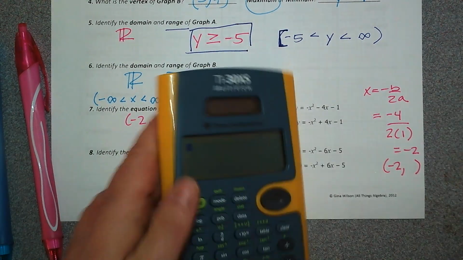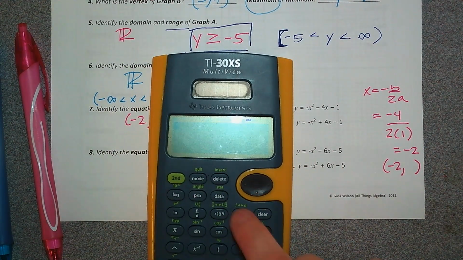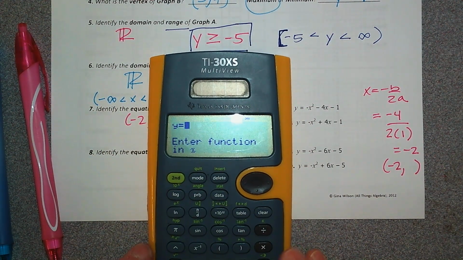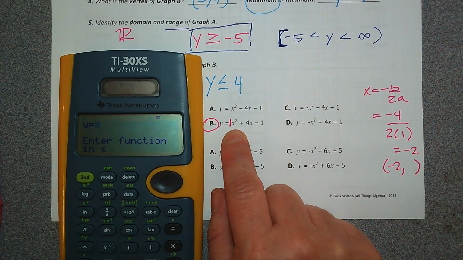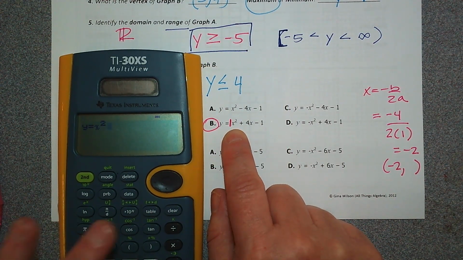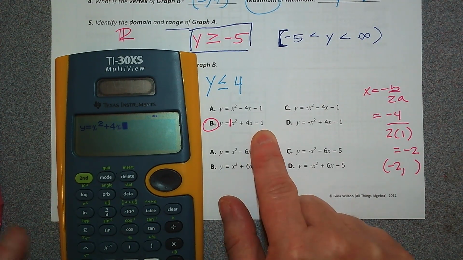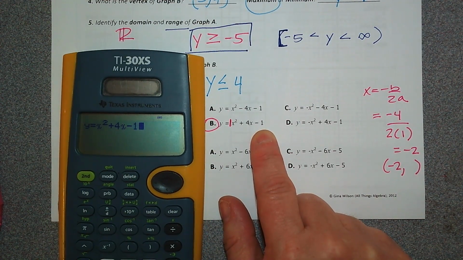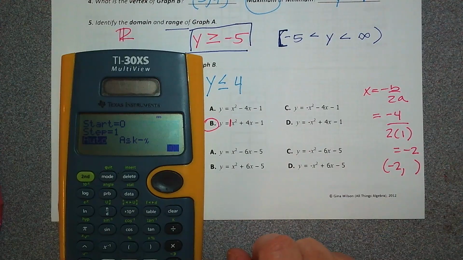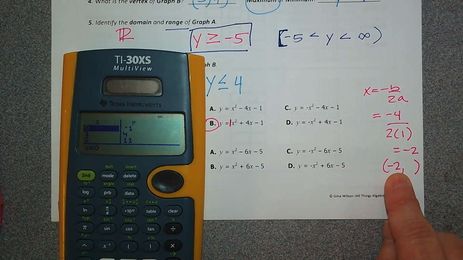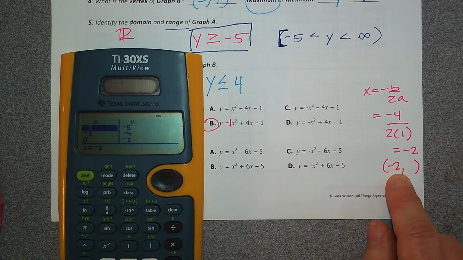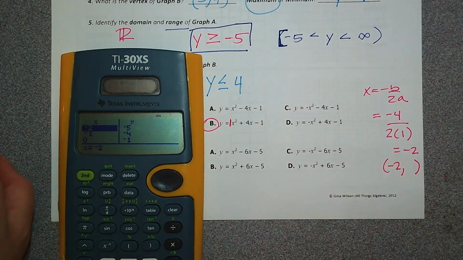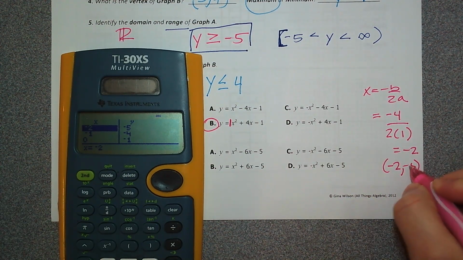You can check that by finding a table on your calculator. Press table, enter the function. Y equals is already there for you. All you have to put is x squared plus 4x minus 1. Press enter until you get to the table. Find your x value of your vertex. And there it tells you that y is equal to -5. And that's what we're looking for.